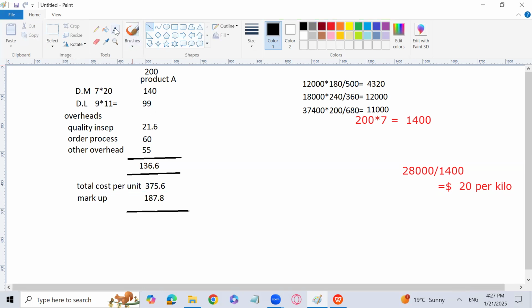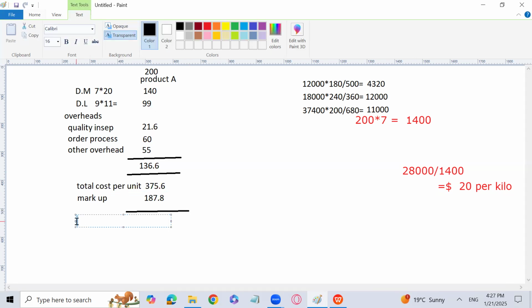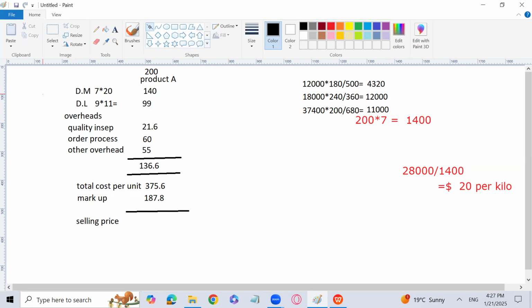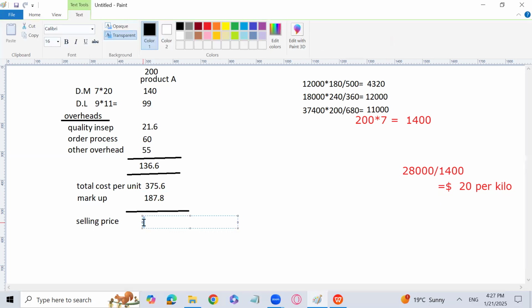I will find the selling price per unit to be charged from the customer according to the activities consumed by product A, according to their cost pools of overheads, quality inspection, order processing, and other overheads. 563.4. So that is the selling price we have already calculated for the overheads.